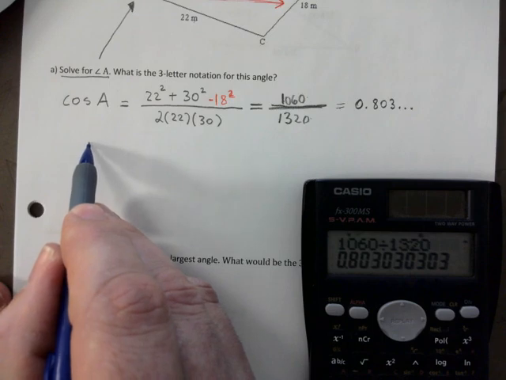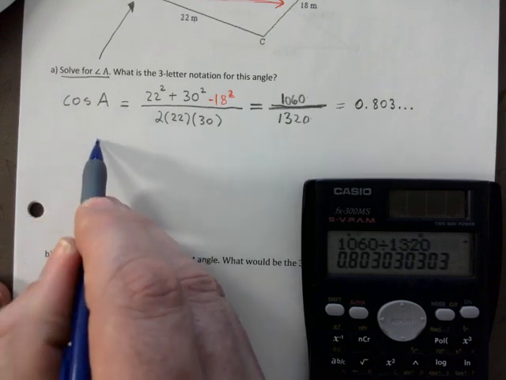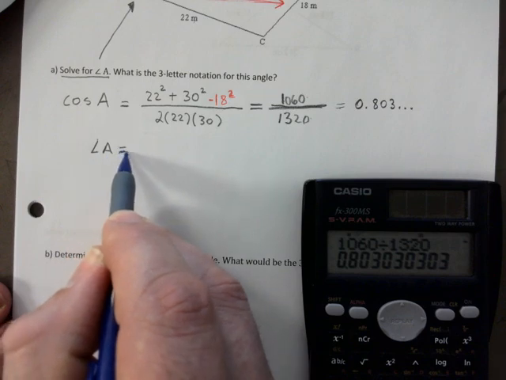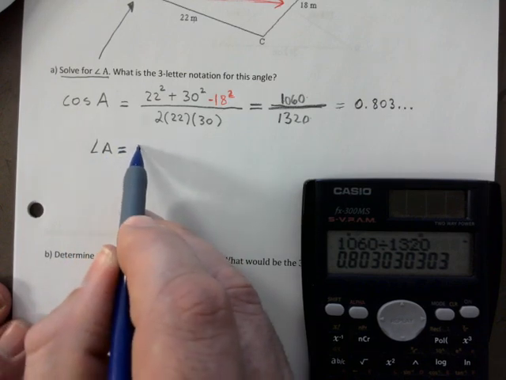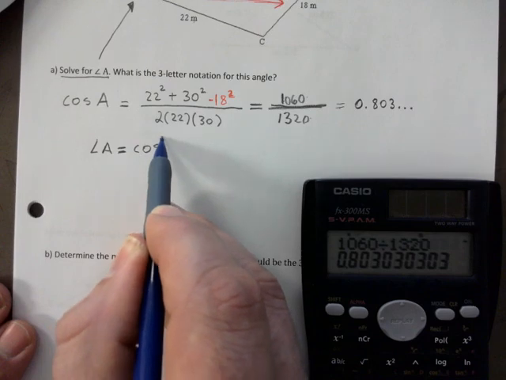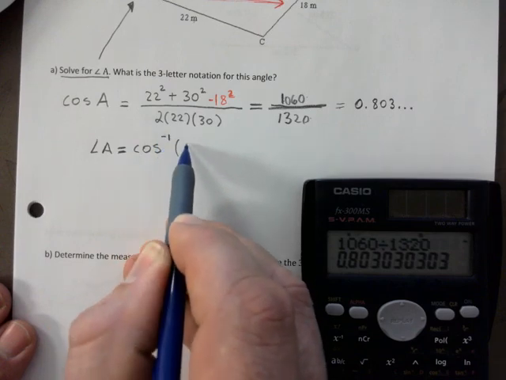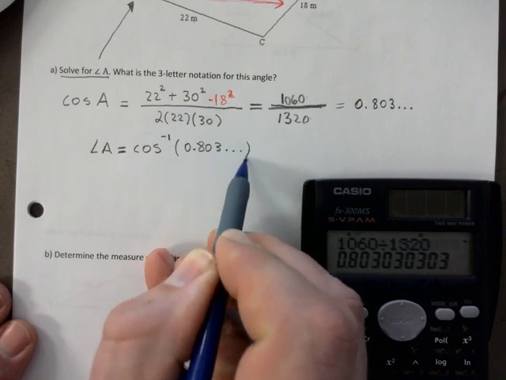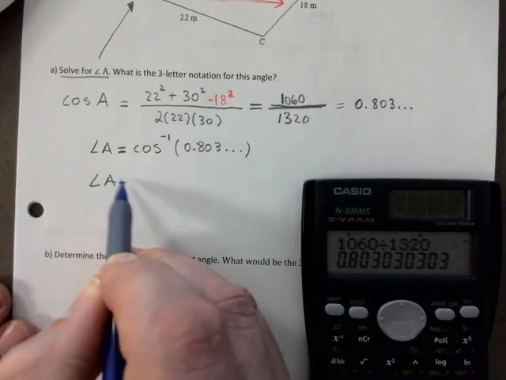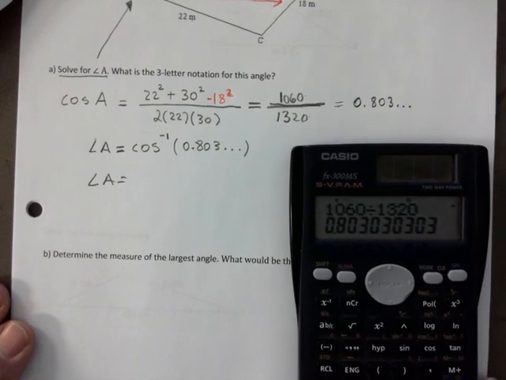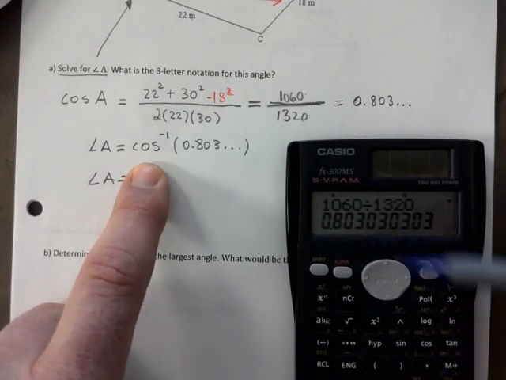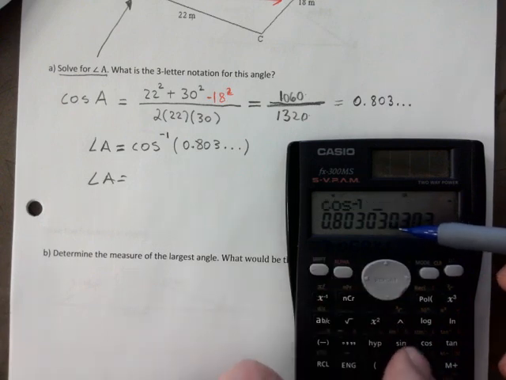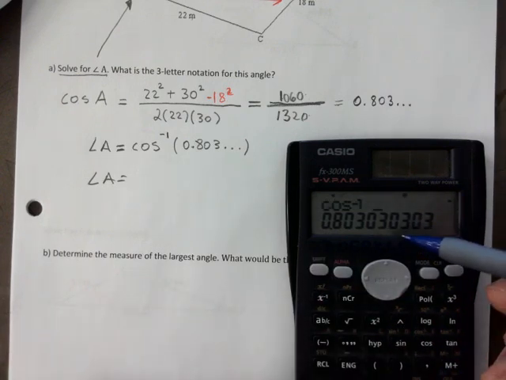So the next line is as follows. You're just going to go angle A equals, and what's going to be on the other side, do you think? Cosine inverse of 0.803, and that keeps going. So technically 3 lines as well. So leave this on your screen. I'm going to go shift cosine, not sine, because you're using cosine law, right?